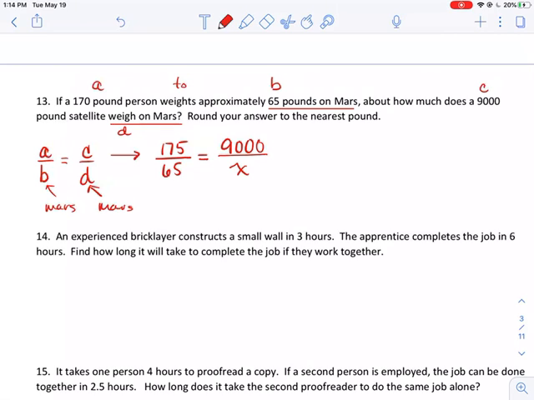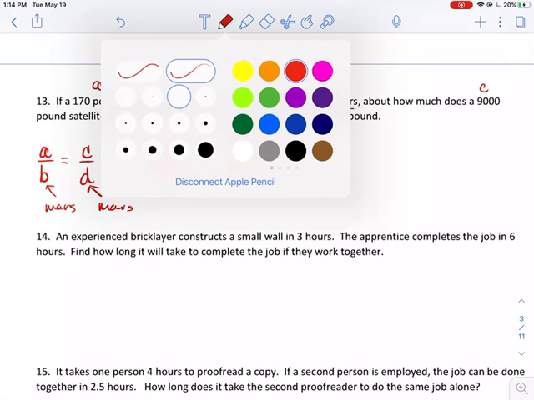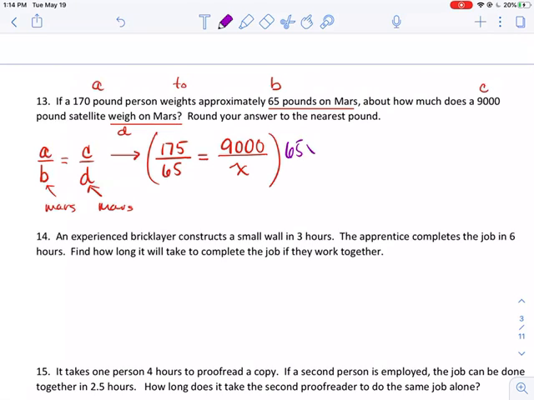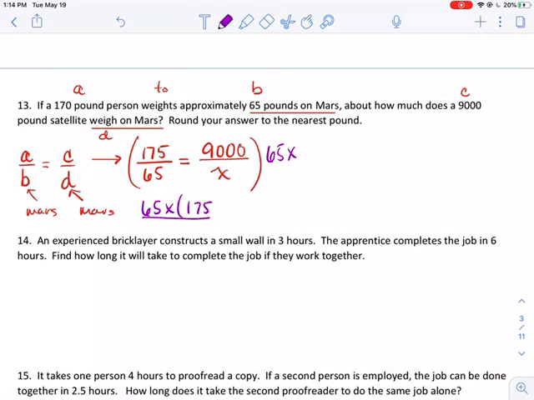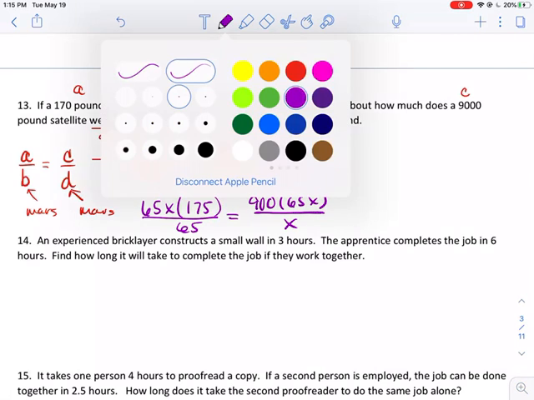Now the first thing that you might do is cross multiply. You could multiply by 65x, the LCD, if you wanted to take the whole equation and multiply both sides by 65x, or as I said, cross multiply, you get the same result. So then we get 65x times 175 over 65 is equal to 9,000 times 65x over x.